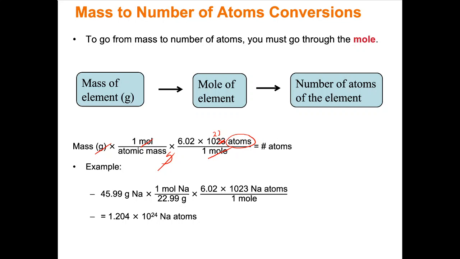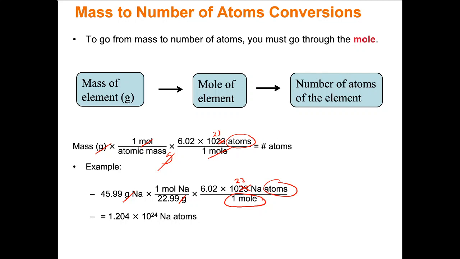Okay, so as an example, suppose I want to know the number of atoms in 45.99 grams of sodium. So divide by my molar mass, that gets rid of the grams. Now I'm in moles, and remember that for every 1 mole we have 6.02 times 10 to the 23rd atoms.